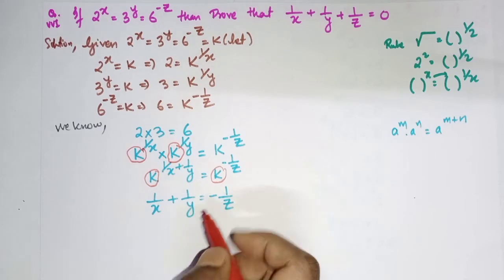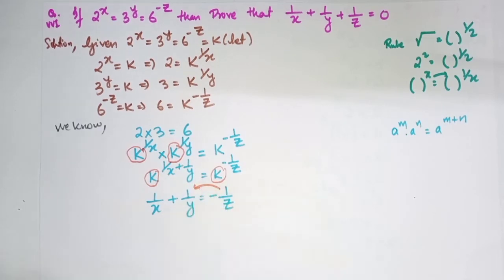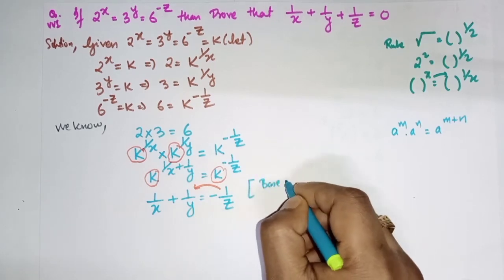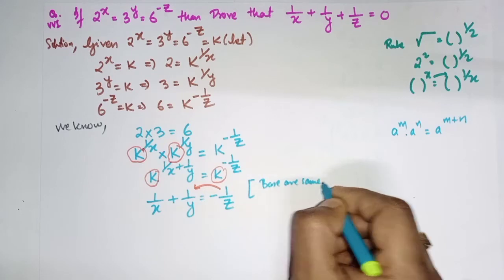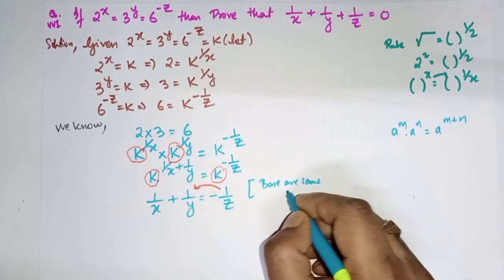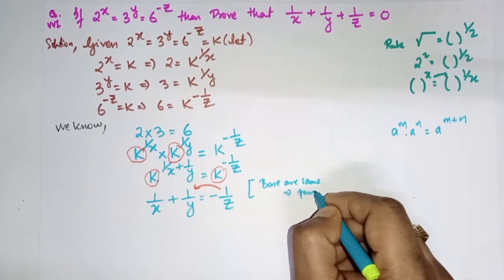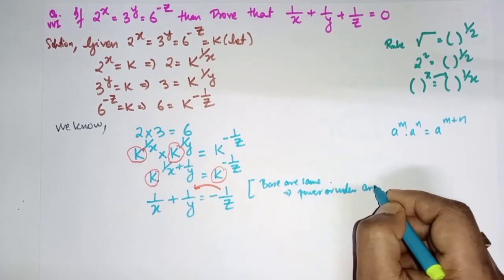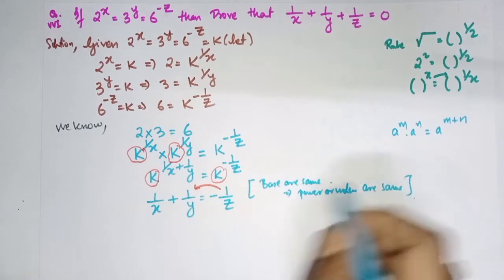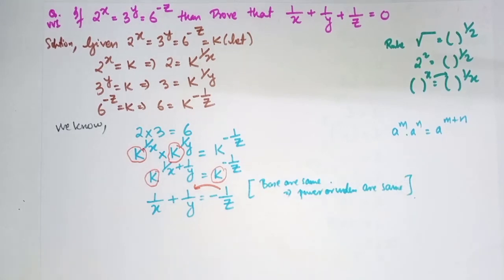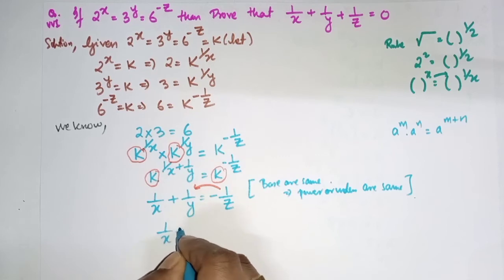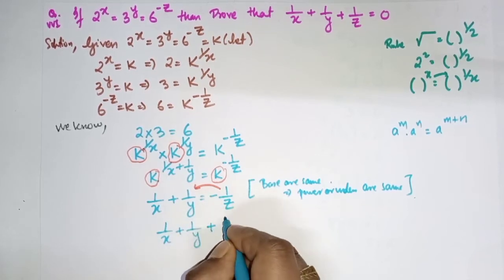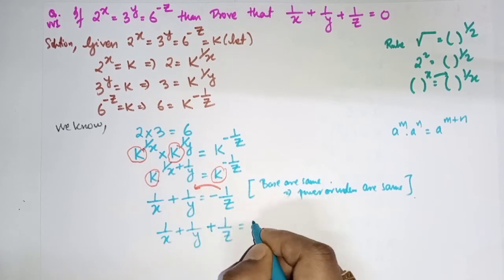Bases are the same, implies the powers or indices are also the same. Now if I bring this to the front, it will be 1 by x plus 1 by y, and when minus 1 by z comes to this side, plus 1 by z equals 0.